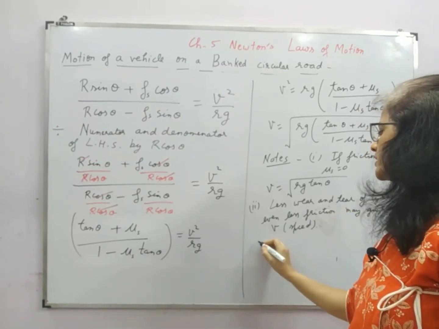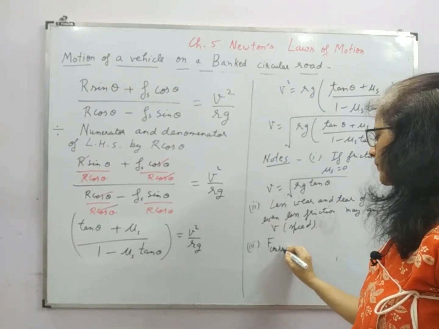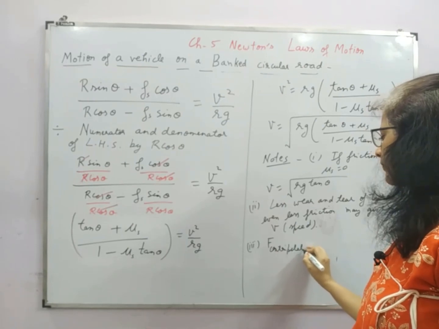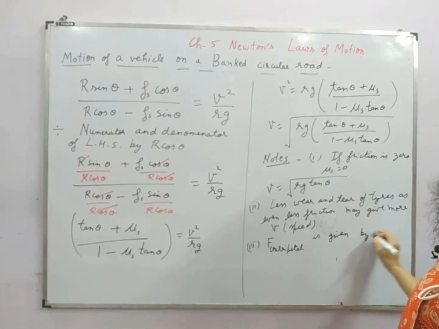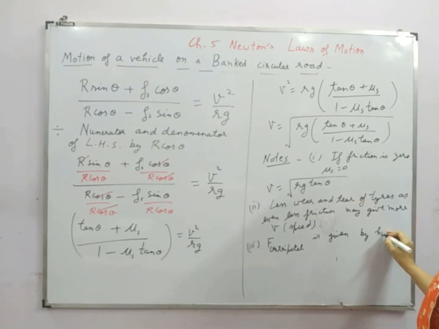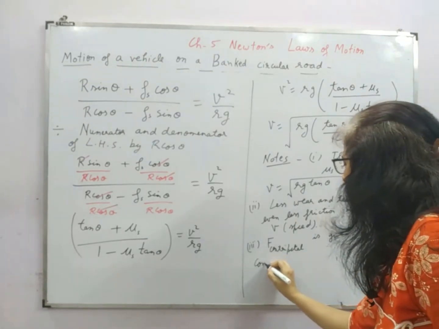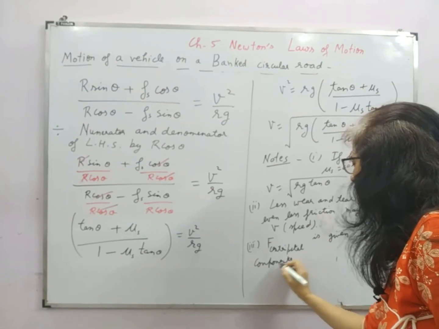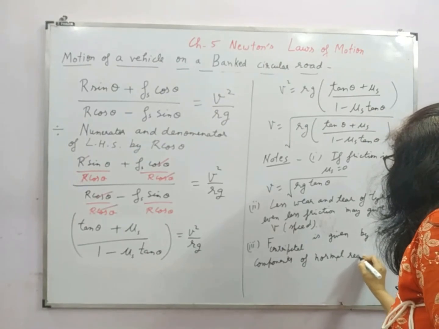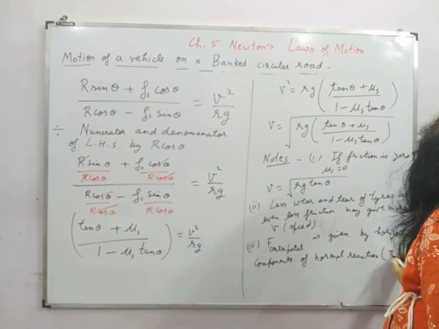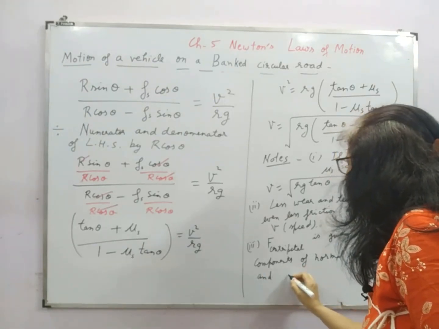Because here the centripetal force is given by the horizontal components of normal reaction, that is R sin theta, and friction.